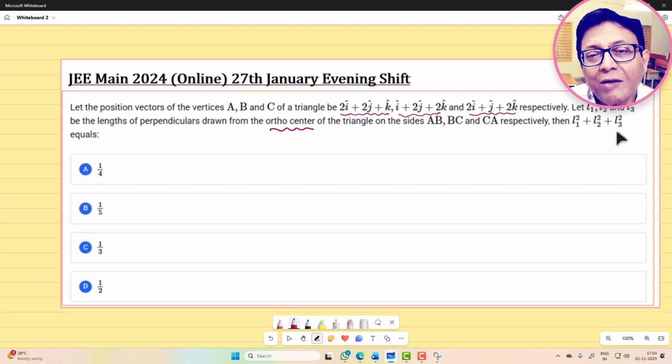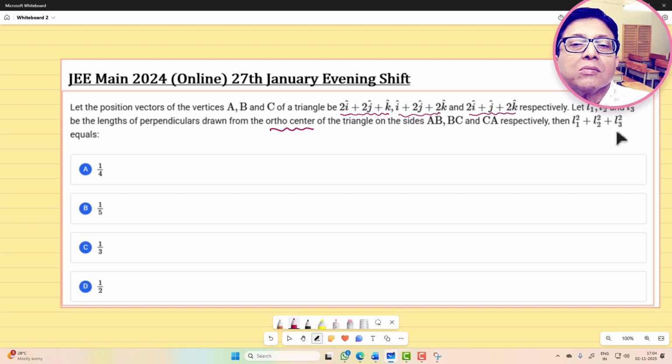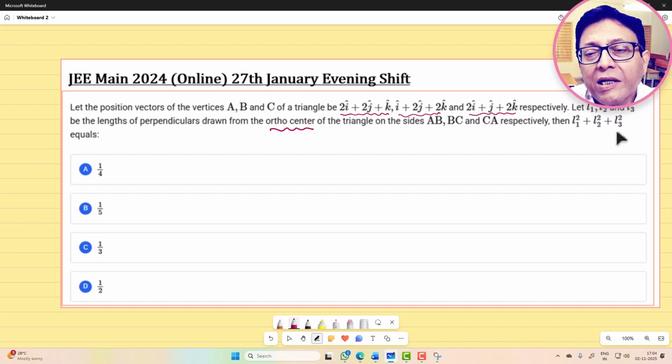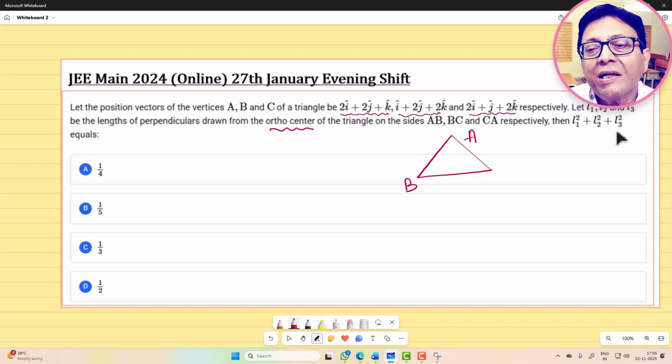Not peculiar, in fact this is symmetric: 2, 2, 1 here, 1, 2, 2, 2, 1, 2. If you find the length of the 3 sides of the triangle, just go for that. A, B, C.